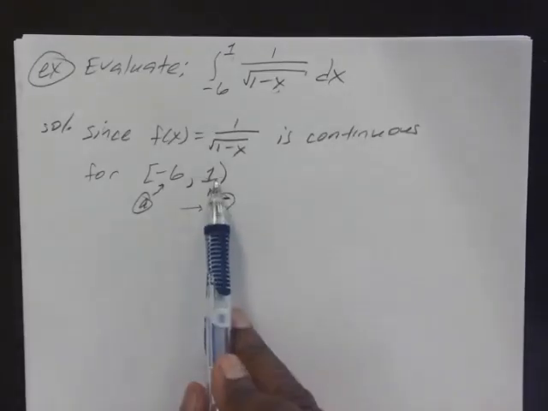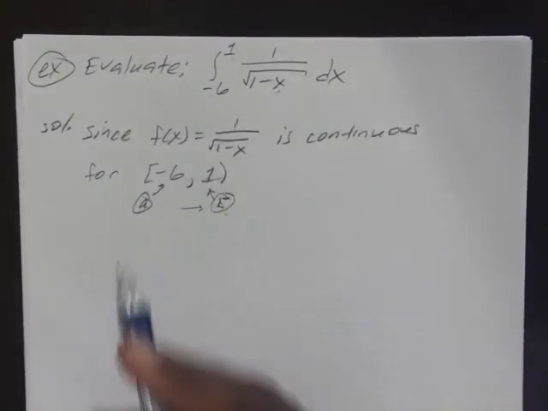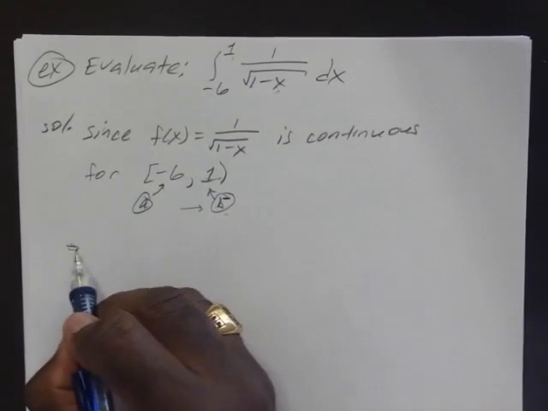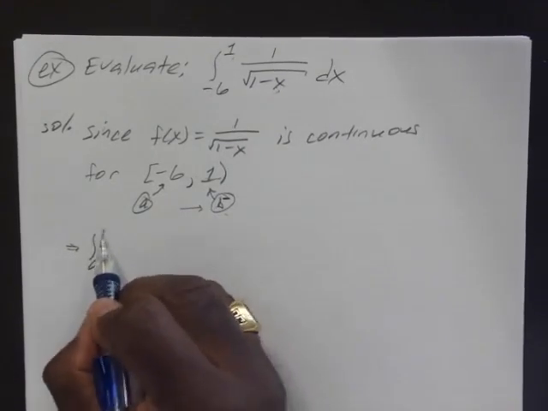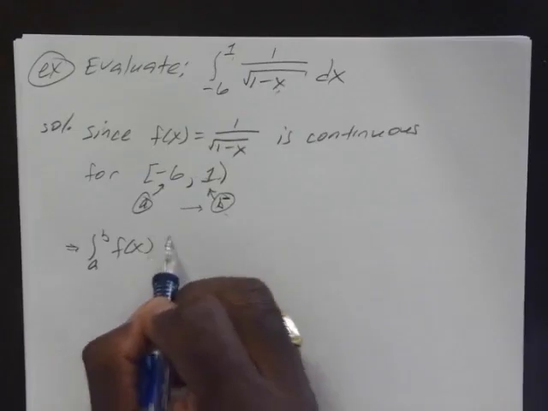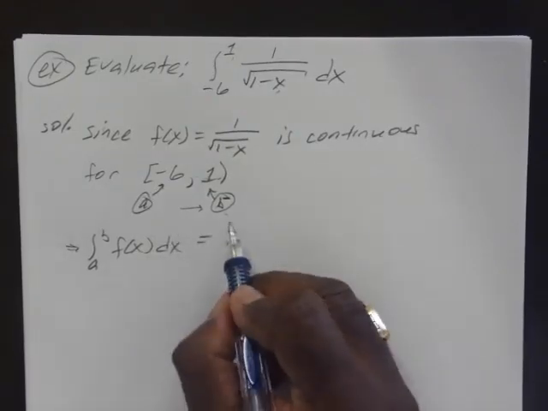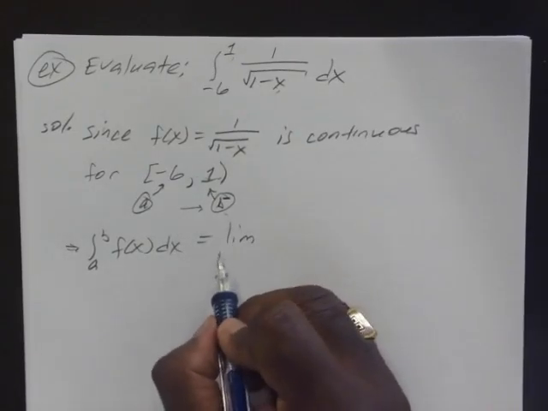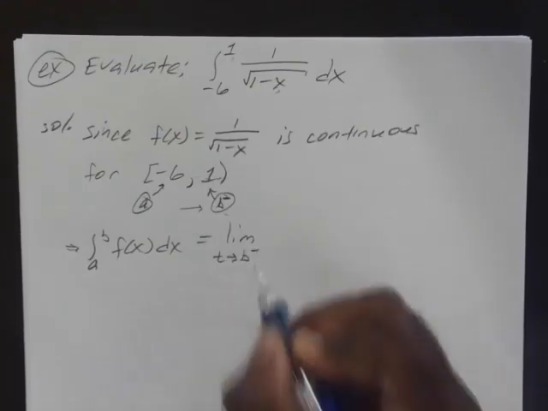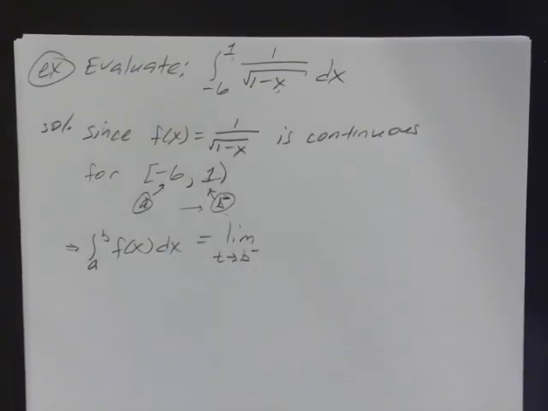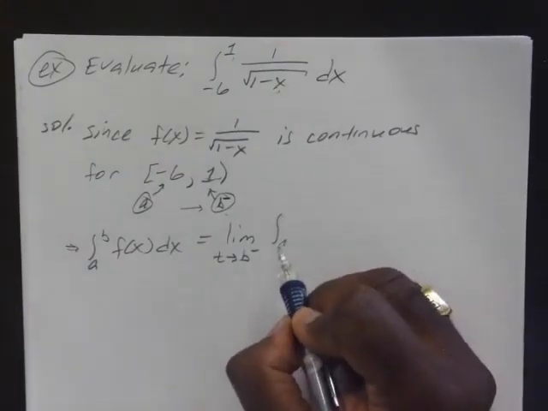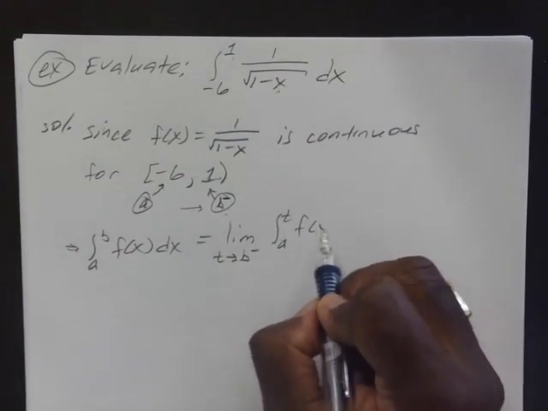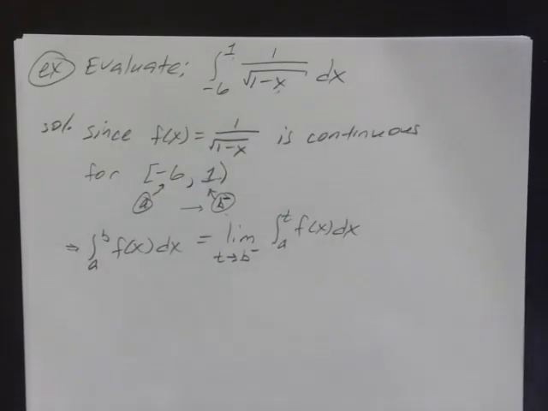So if you're approaching B from the left, we know that we're going to use the integral from A to B of f of x with respect to x is equal to the limit as t approaches B from the left of the integral from a to t of f of x with respect to x.